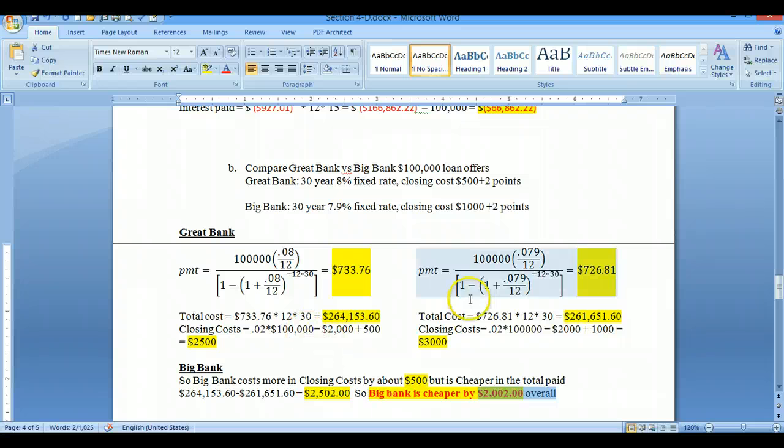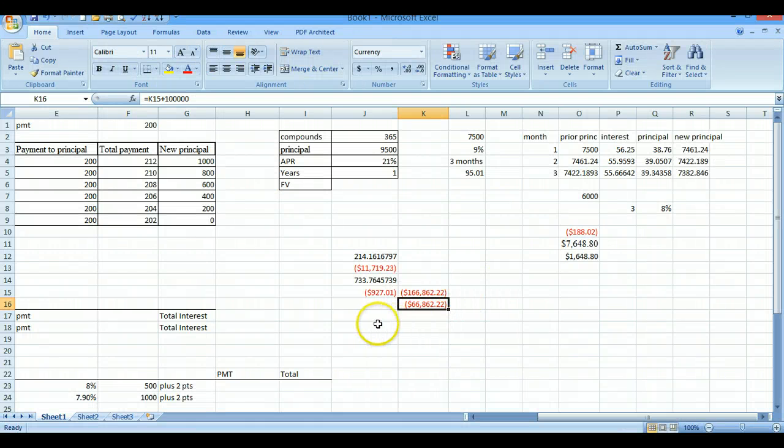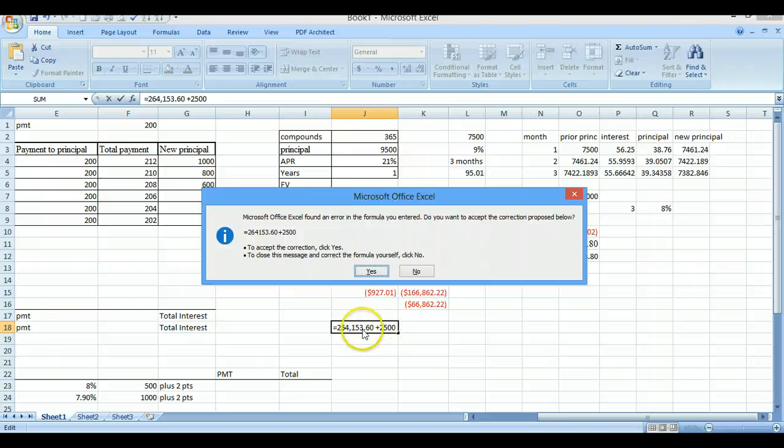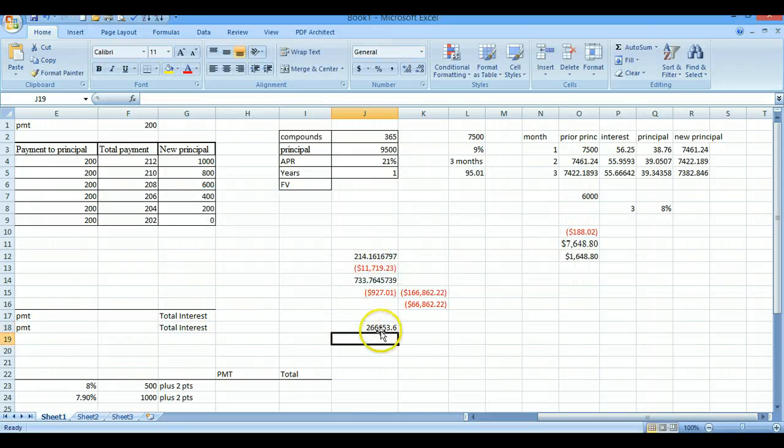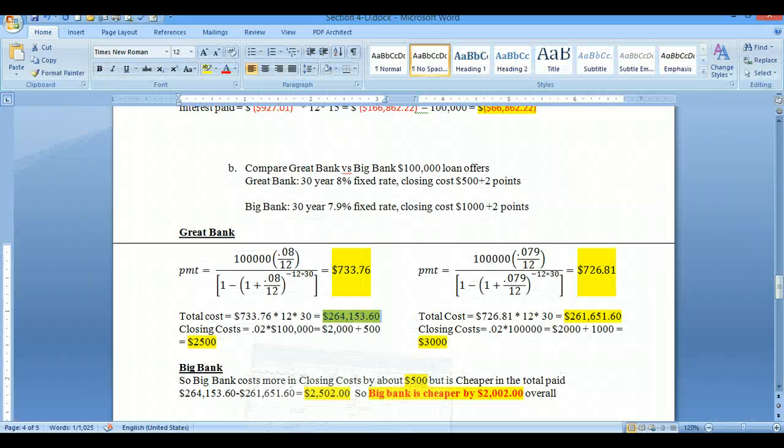Another way of thinking about it is taking these numbers and saying, I have 264,000. So let's bring it into here. Equals this, and I'm going to take out the dollar sign, add it to the 2,500 for the closing costs. They took out my comma. Good. All right. So that's what it costs overall at Great Bank.